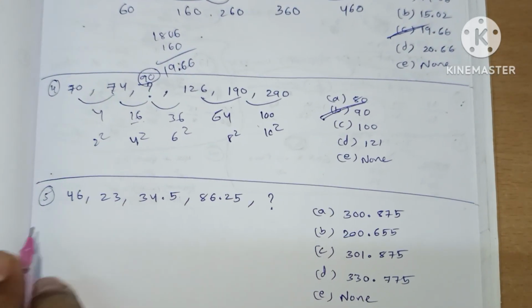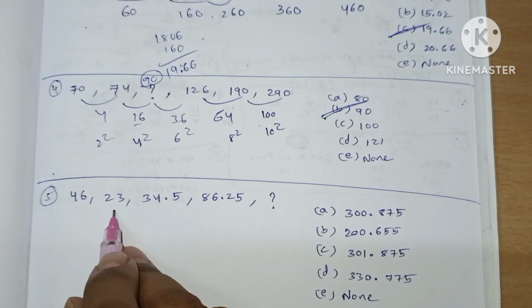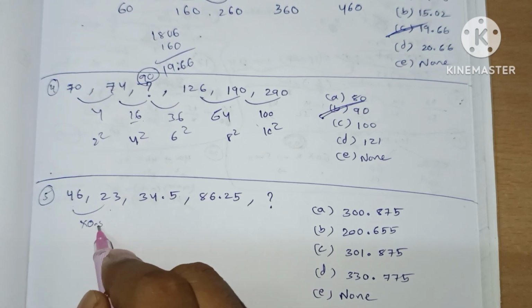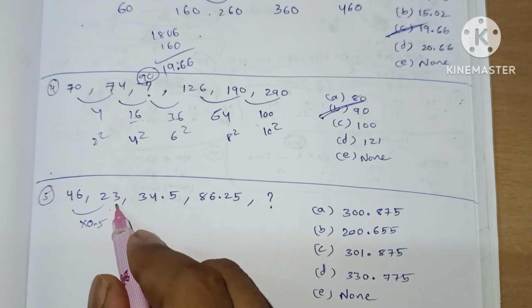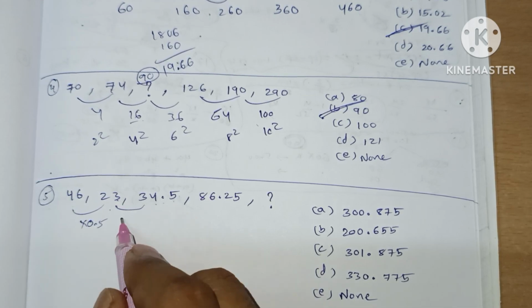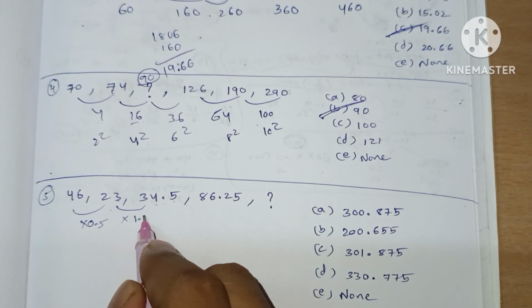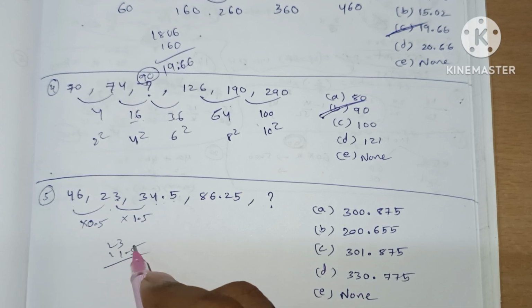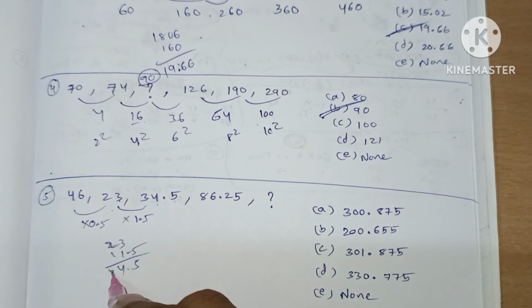Next question. 46 becomes 23 means half of this, times 0.5 will be 23. 23 becomes 34.5. Odd number becomes 0.5 means times 1.5. 23 plus half of this one means 11.5, 34.5.